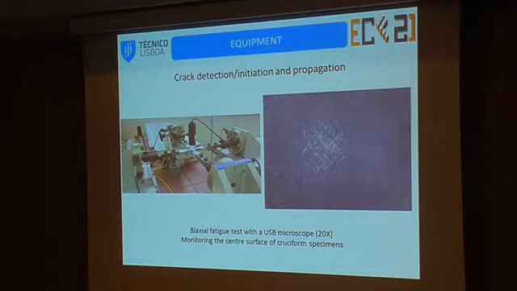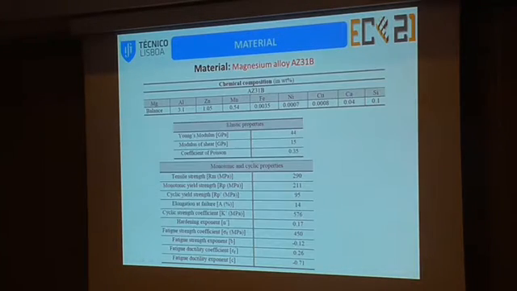Then we used a USB microscope to monitor and detect the crack initiation. So we can make a film, we can take some snapshots along the test, and then we can take into account the number of cracks, how cracks form and how they behave, and so on.